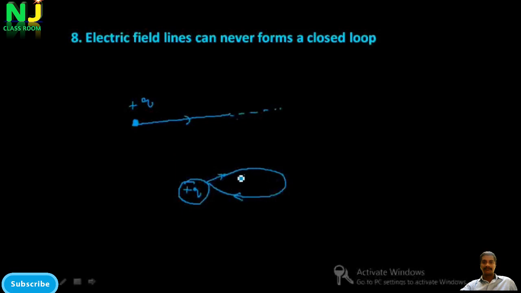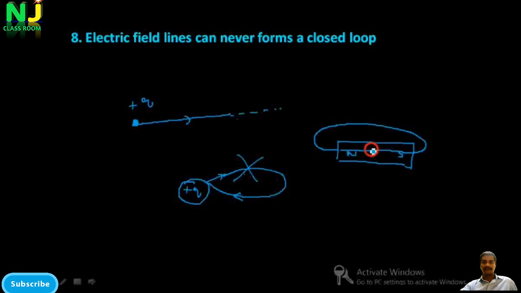But magnetic field lines definitely form closed loops. For example, consider this is the north pole of a magnet and this is the south pole. Remember, outside the magnet, magnetic field lines start from the north pole and end at the south pole, and internally they start from the south pole and end at the north pole. This is what is called a closed loop.